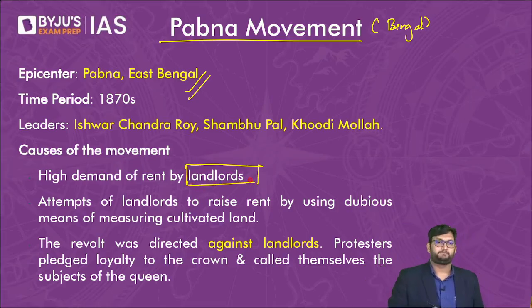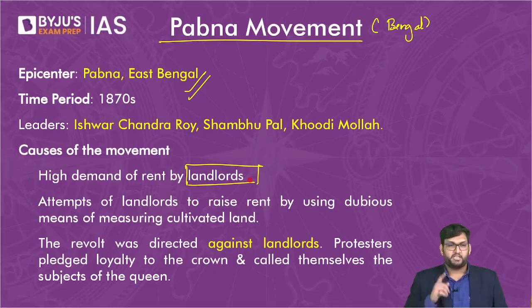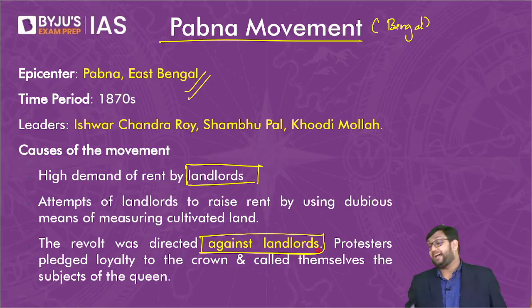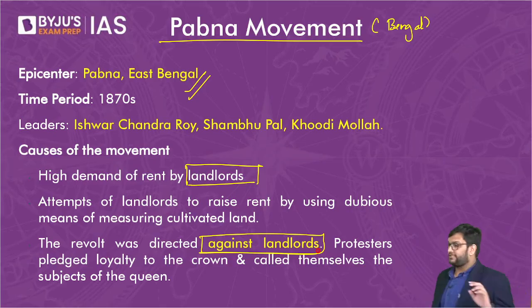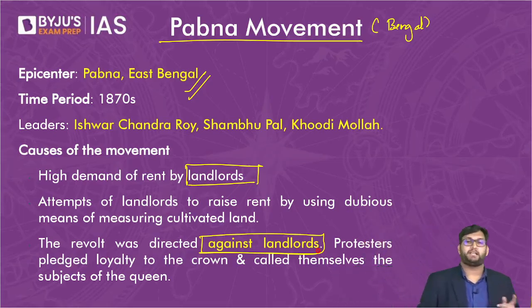It's the landlord. Very simply, the issue is not the Britisher, but all of the anger was directed towards the landlord. But what is the irony here is, when it came to getting help from the British, look at the line which is written after "against landlords."